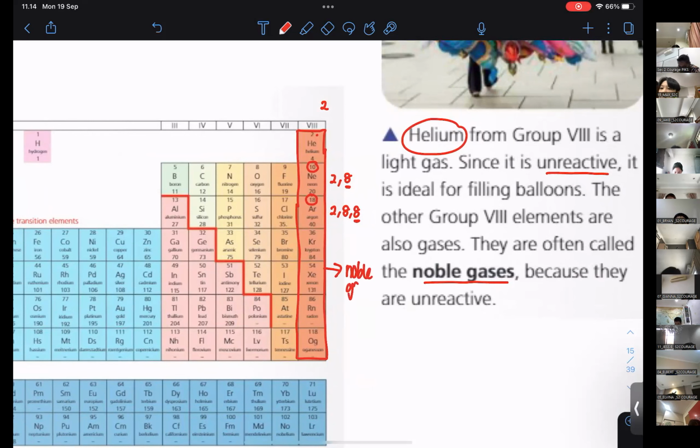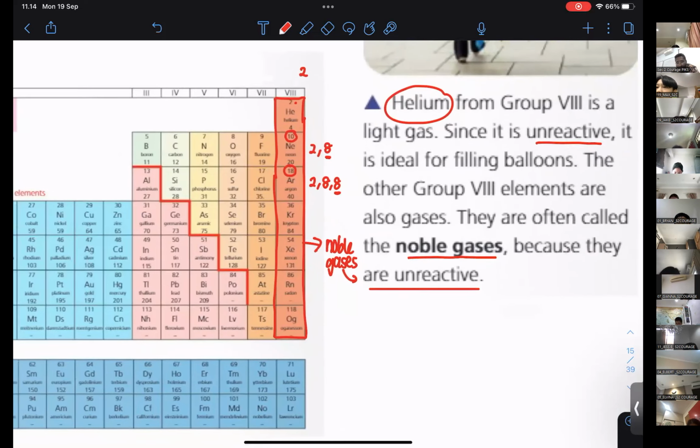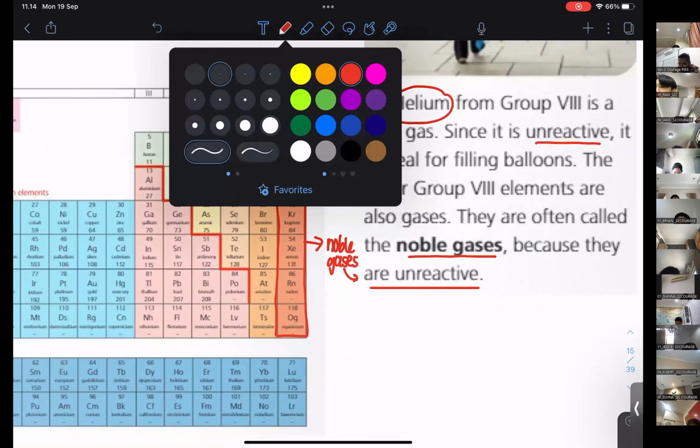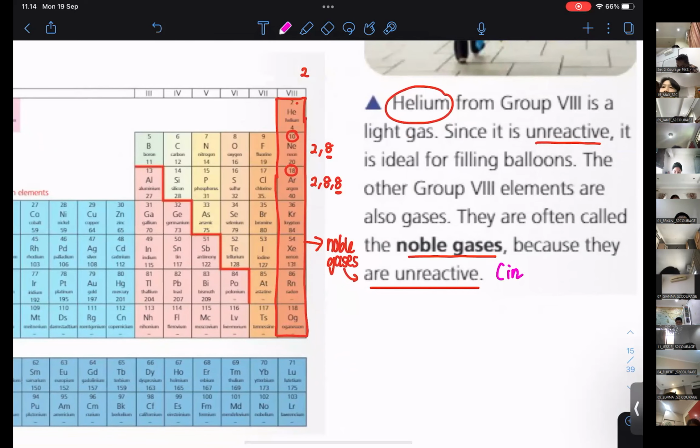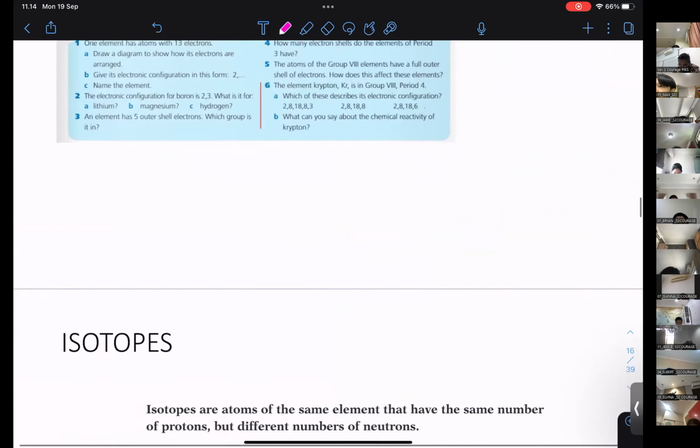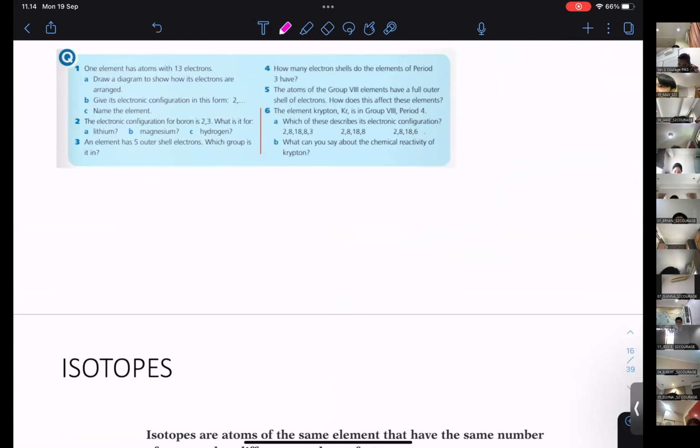Noble gases are generally gases that are unreactive. There is another word that we use, which is inert. Inert means unreactive.